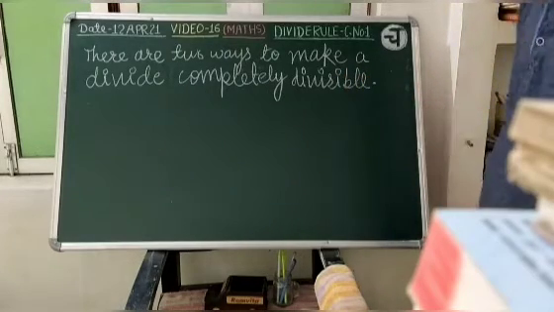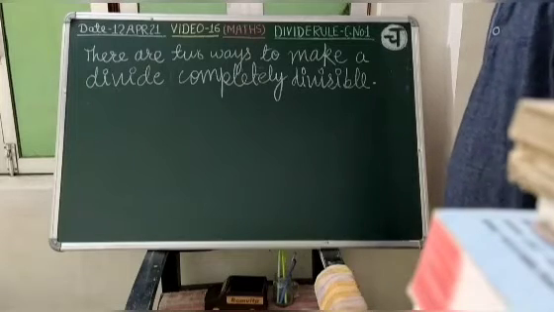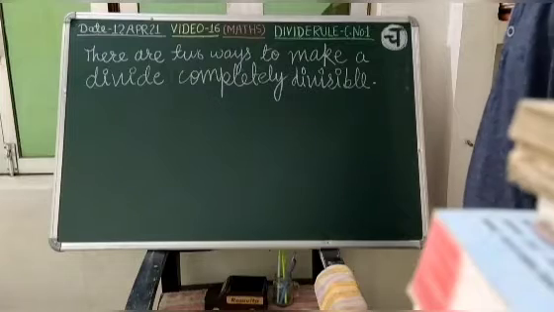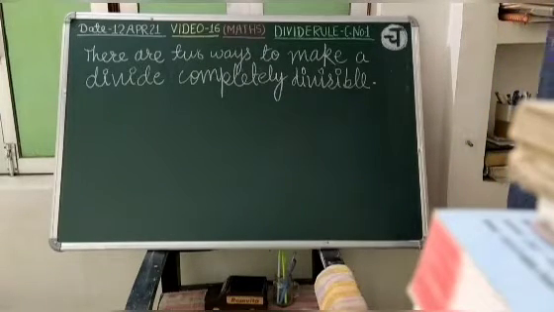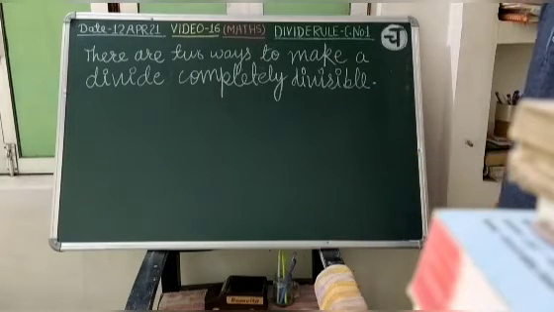The meaning is that when you are dividing any problem, it may be completely divisible or may not be completely divisible. But what is the rule by which we can make the divide completely divisible?